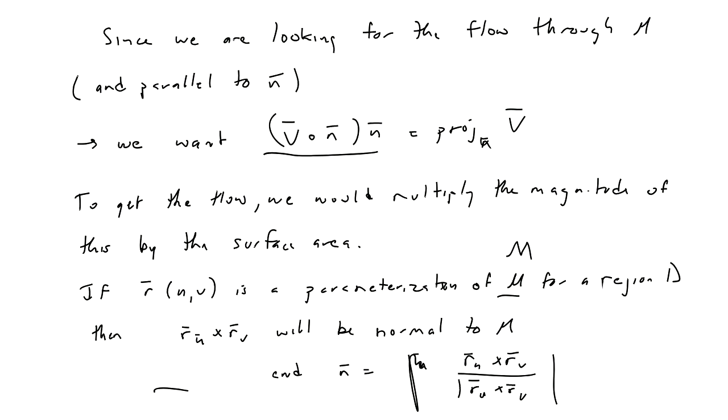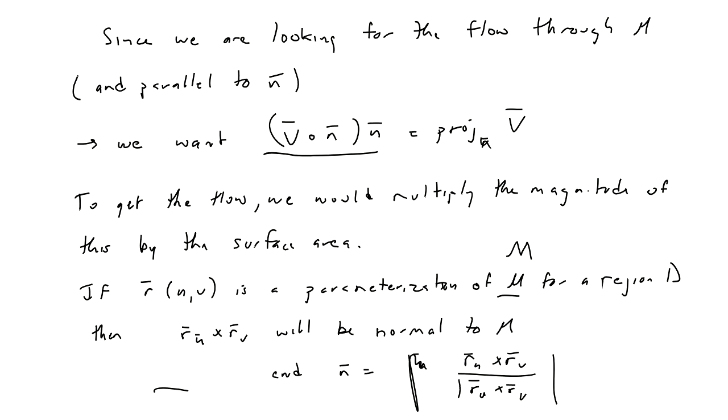So from 3.11, which is on the test, how do I get the surface area of something if it's parameterized? So how do I get the surface area of something?